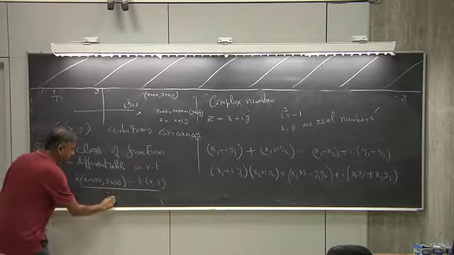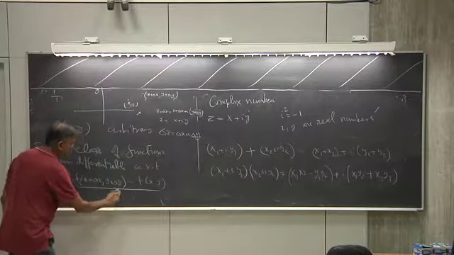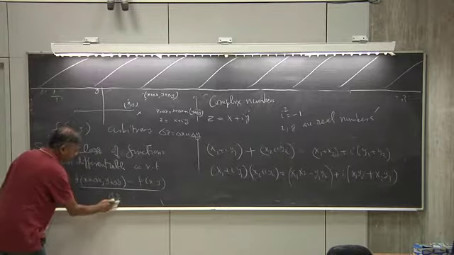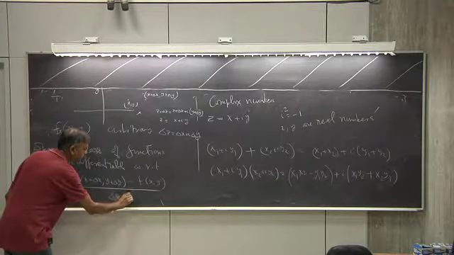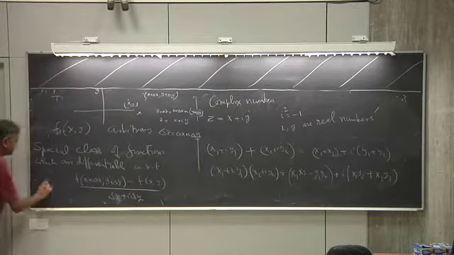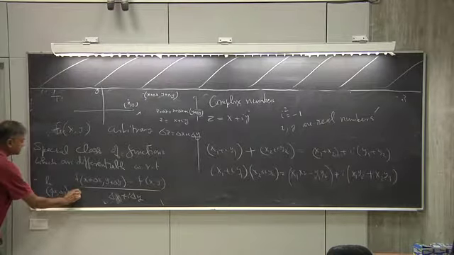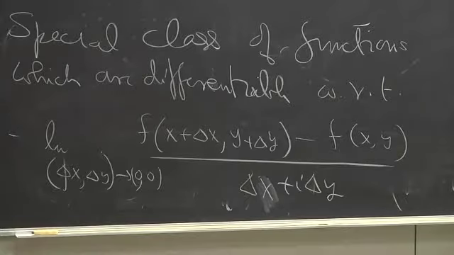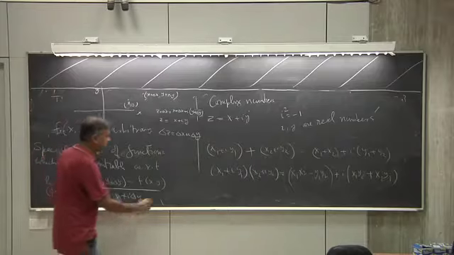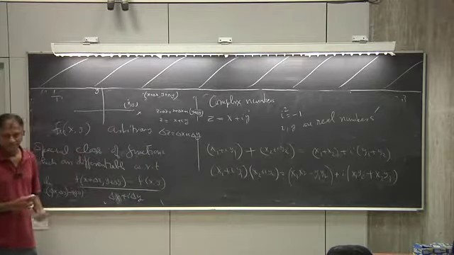So I divide this by delta z, which is, let me write explicitly here, delta x plus i delta y, and then take the limit, the two points approach, so delta x and delta y go to 0. If this limit exists, then you say that this function is differentiable.